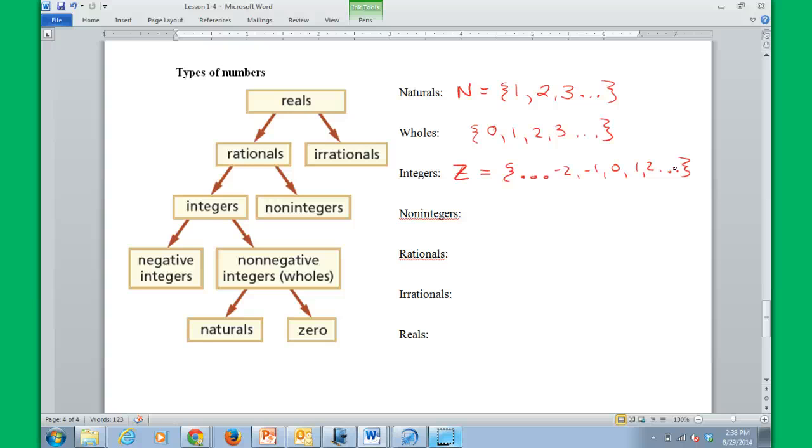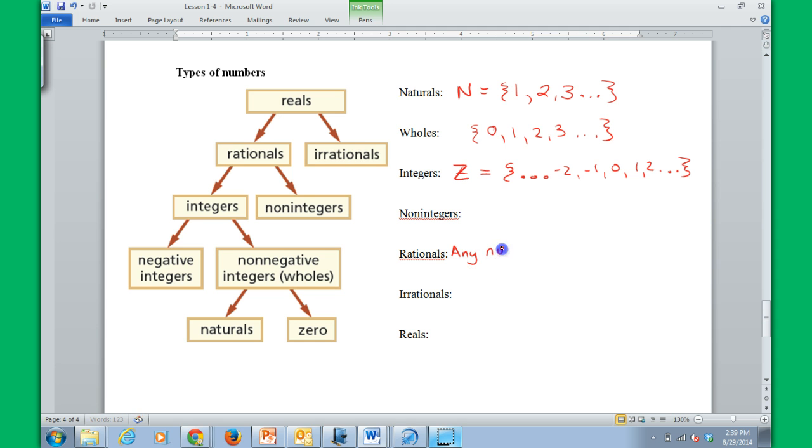Okay? We'll come back to non-integers in a minute. Let's go to rationals. A rational number is any number that can be made into a fraction. Okay, you might want to write that in English.